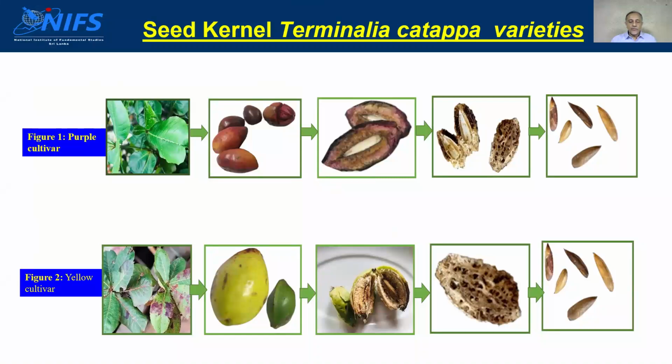Usually we cut open the fruit and subject it to dehydration, and the dehydrated seed can be cracked open, and we can recover the seed kernel from these fruits. Before the research investigation, this can be dehydrated and stored in the refrigerator for further analysis.